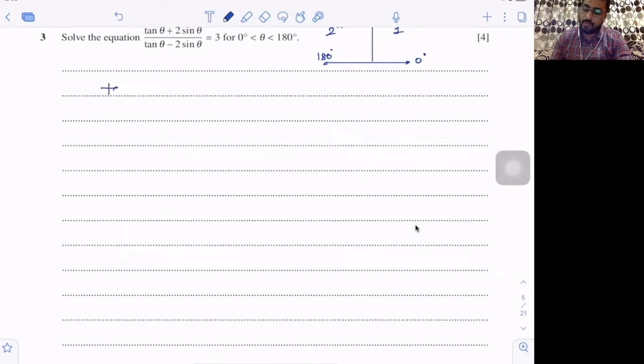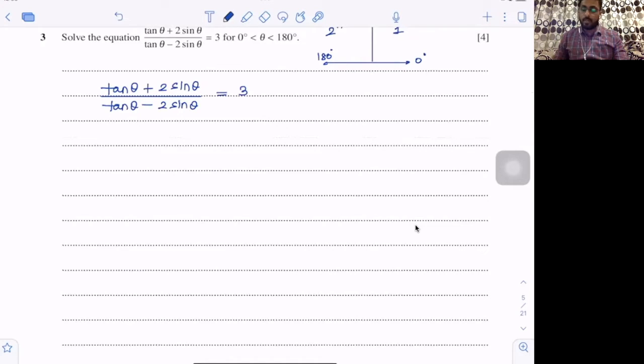So I have (tan theta plus 2 sine theta) whole divided by (tan theta minus 2 sine theta) equal to 3, right, students? So I can now cross multiply.